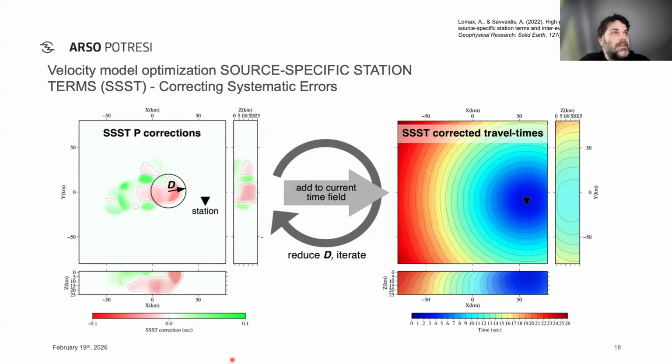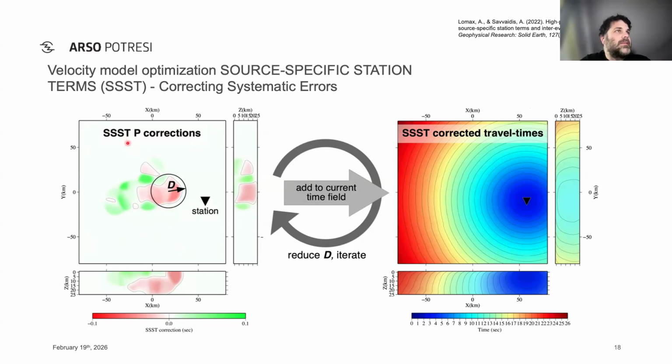So you can see in this picture that after these SSST corrections, even if we use a 1D velocity model, we can map some areas where maybe our timing is always faster than the real P arrival times, and some areas where the arrivals are slower. And we can use this to map our 1D velocity error in 2D or in 3D, and then get much better final results for the location of the earthquakes.